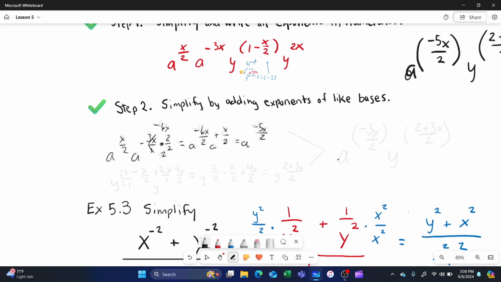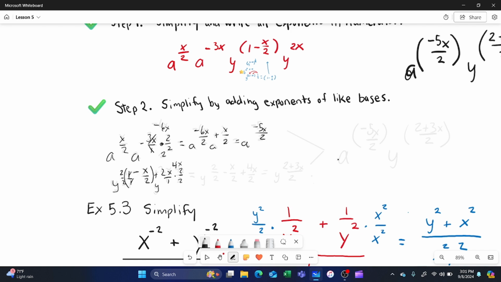For the y's, we ended up with a y to the 1 minus x over 2 times a y to the 2x. Well, that's going to be over 1. We're going to add this to this. All right, so we're going to have to get common denominators, which will be 2. 2 over 2 gives us a 4x. 2 over 2 over here gives us a 2 over 2, still a 1.